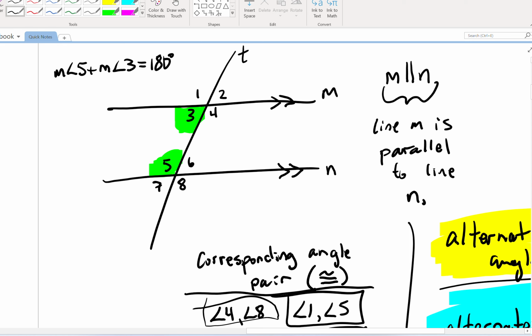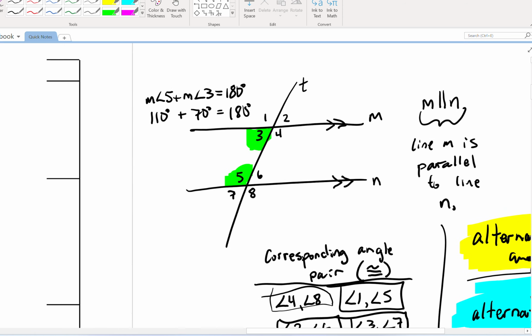So if angle 3 was 70 degrees, that would mean angle 5 would have to be 110 degrees, so that together they add to 180 degrees. We can use that to help us solve different kinds of problems. Now, that said, let's go back to the problem over here.